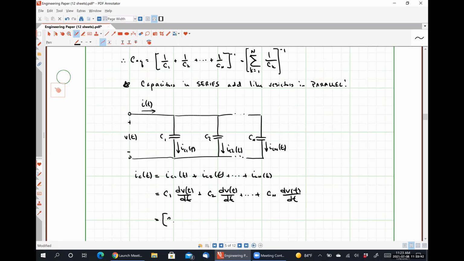Grouping like terms, I have C1 plus C2 plus Cn, all multiplied by dV by dt.